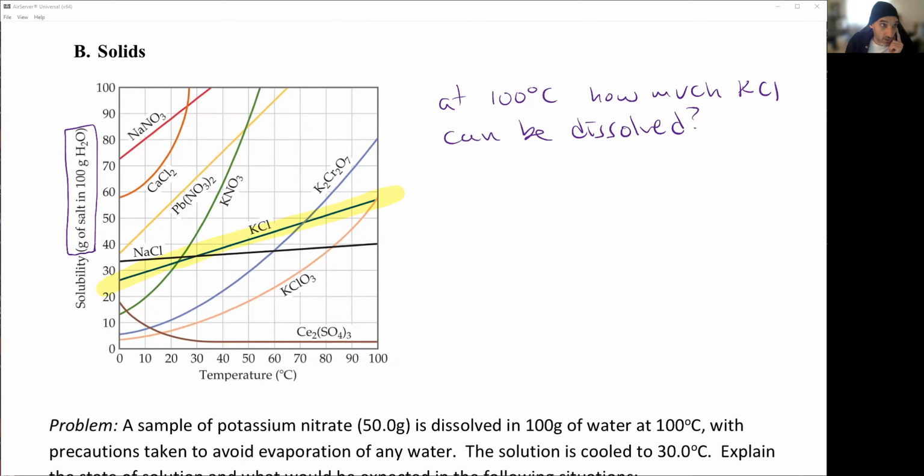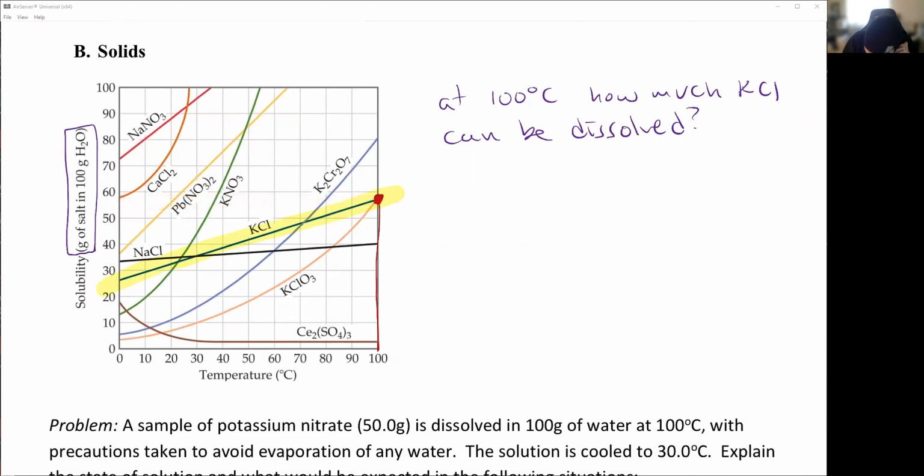So how we're going to do this is I'm going to look at 100 degrees and go up until I hit the line, and right here, that looks to be about, I don't know, 50, actually that was a bad line, about halfway up, right?